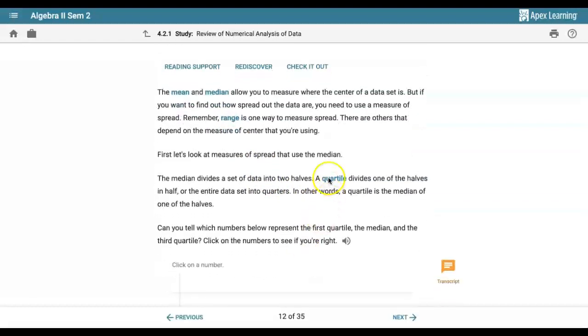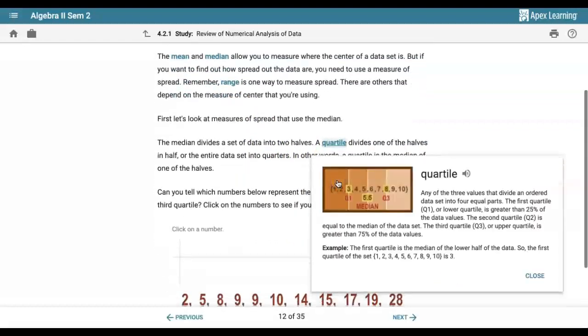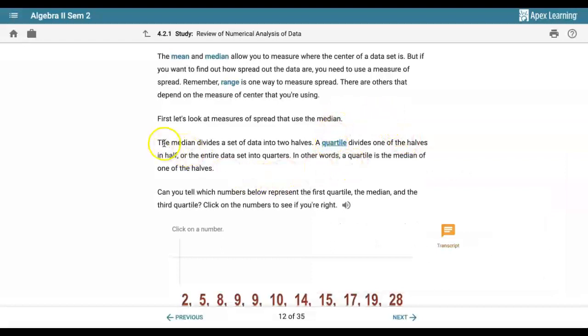All right. So a quartile, the definition of that is a little, I wish they would have written this better. But basically, we can split up our data into halves, right? So a median divides it into two halves, a left half and a right half.